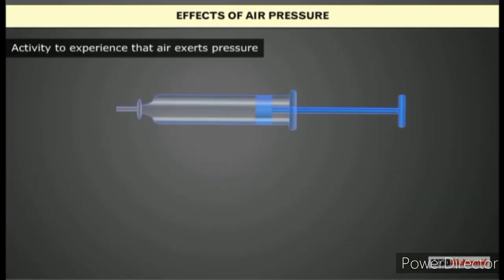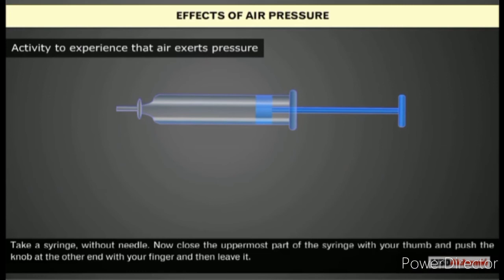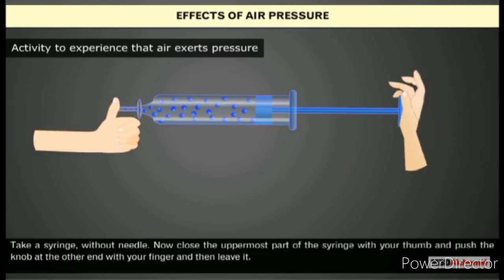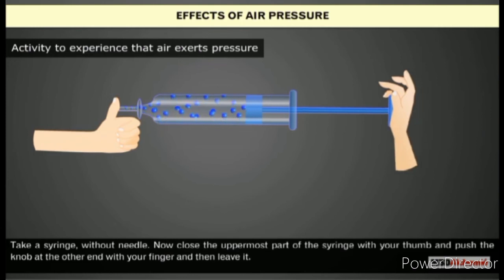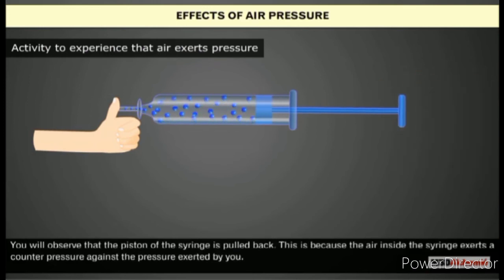Let us perform an activity to experience that air exerts pressure. Take a syringe without needle. Now close the uppermost part of the syringe with your thumb and push the knob at the other end with your finger and then leave it. You will observe that the piston of the syringe is pulled back.